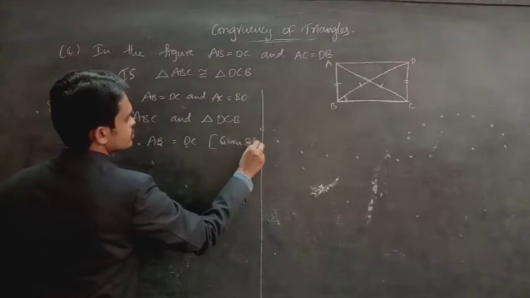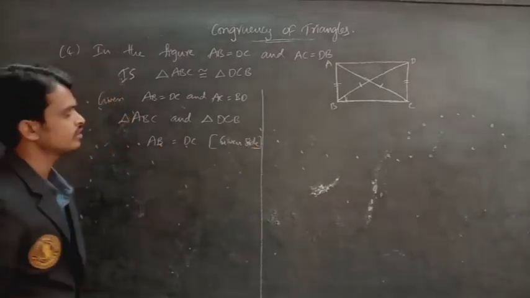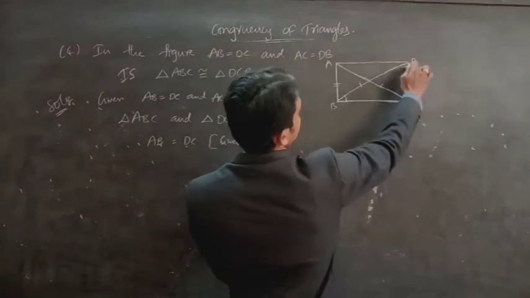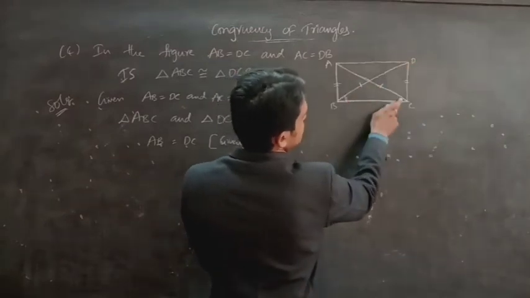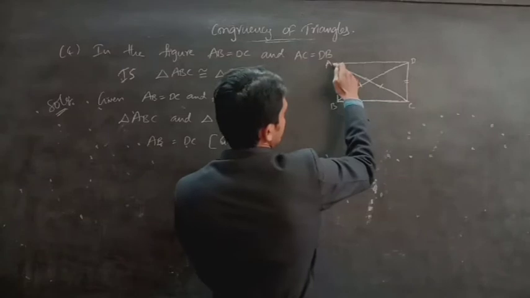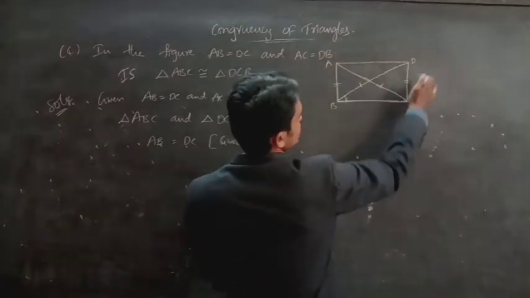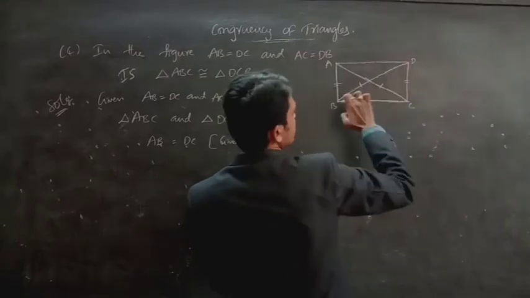Given side. Next, AC is equal to BD. In triangle ABC, AC is equal to BD in triangle DCB.